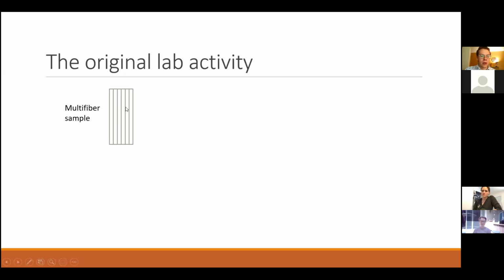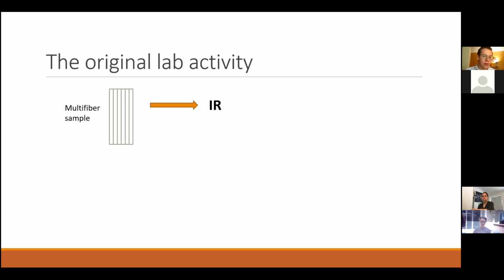So this one might be wool, this one might be cotton, this one might be polyester, etc. And the students were asked to take a vibrational spectrum of each of the different strips using IR. And this was mainly just to show them that they were in fact different from each other, because, you know, it's important to test what people.